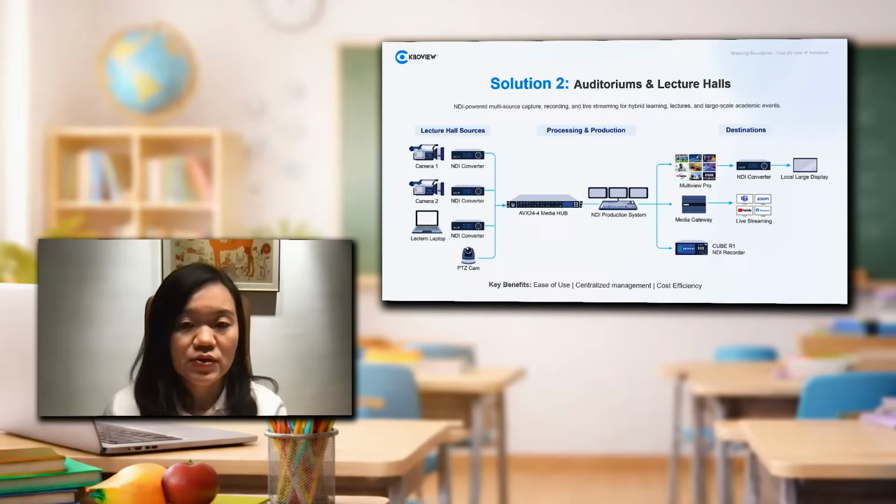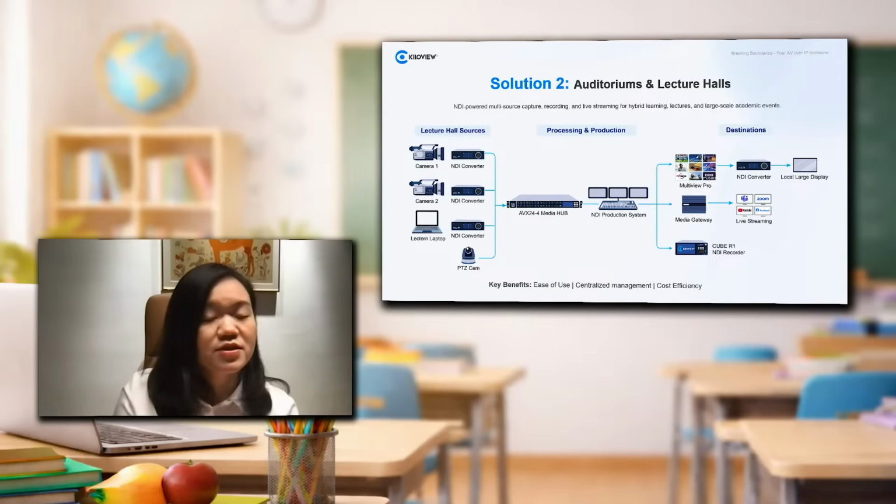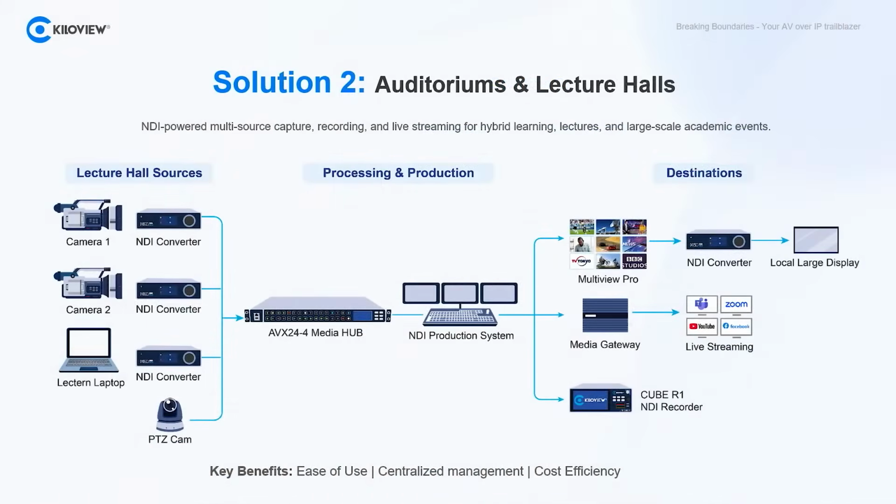just for preview or distribute inside the full campus, or if it's for live streaming, going through YouTube or whatever. What you can see here, from the sources to the production part, and sending to different destinations, is so easy.